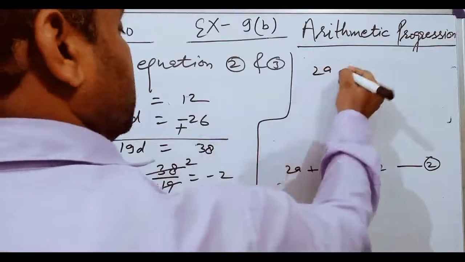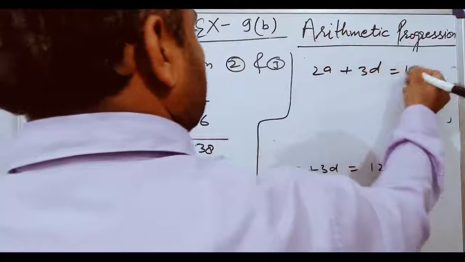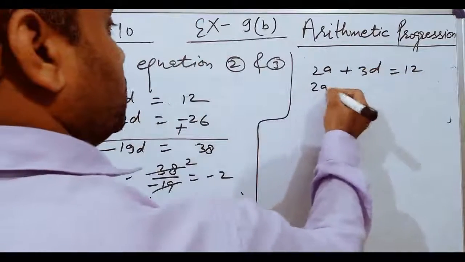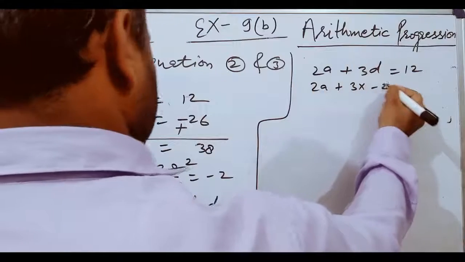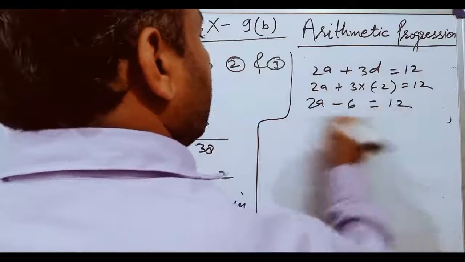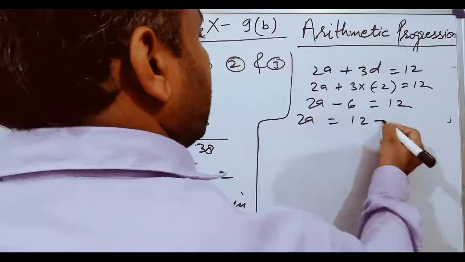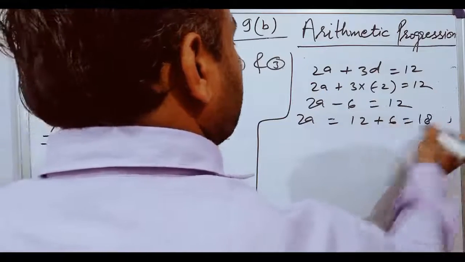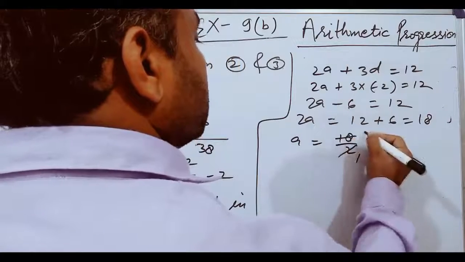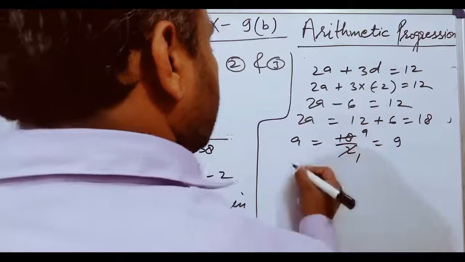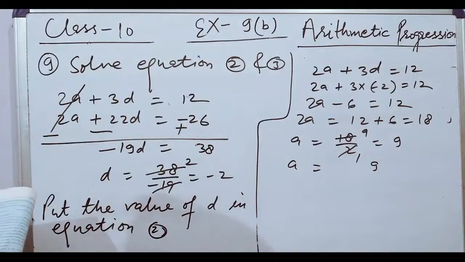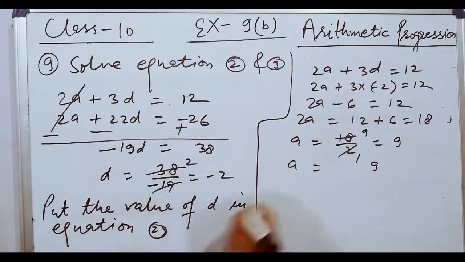It is 2a plus 3d equals 12. At the place of d, we put minus 2: 2a minus 6 equals 12, 2a equals 12 plus 6 equals 18, then a equals 18 upon 2, which is 9. A equals 9.